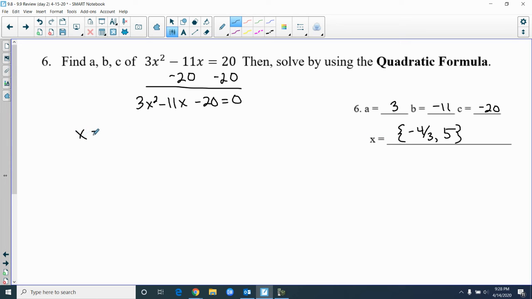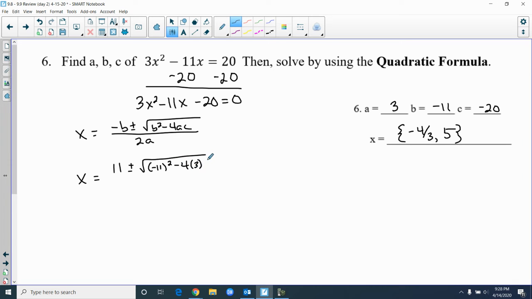Now, once we have it in this form, we're going to plug it into the quadratic formula. Opposite of B. B is negative 11, so when we're writing the opposite of B, you want to make that positive 11, plus or minus the square root of negative 11 in parentheses, squared, minus 4.